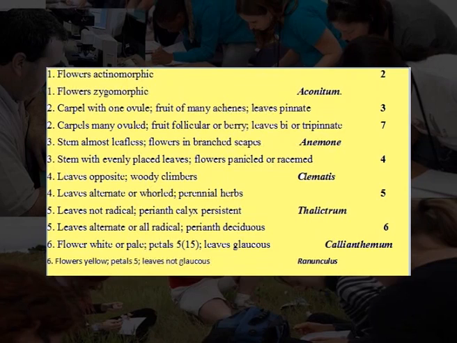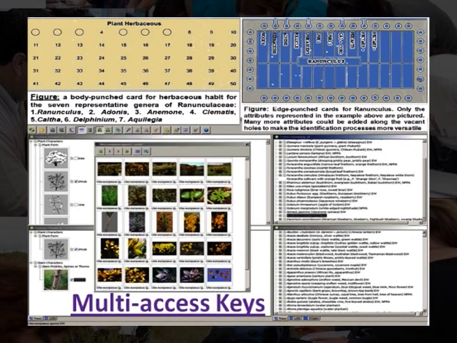The single access keys work by offering a fixed sequence of identification steps, each with multiple alternatives, the choice of which determines the next step. If each step has only two alternatives, the key is said to be dichotomous, else it is polytomous. Multi-access or interactive keys, on the other hand, allow the user to freely choose identification steps and their order.